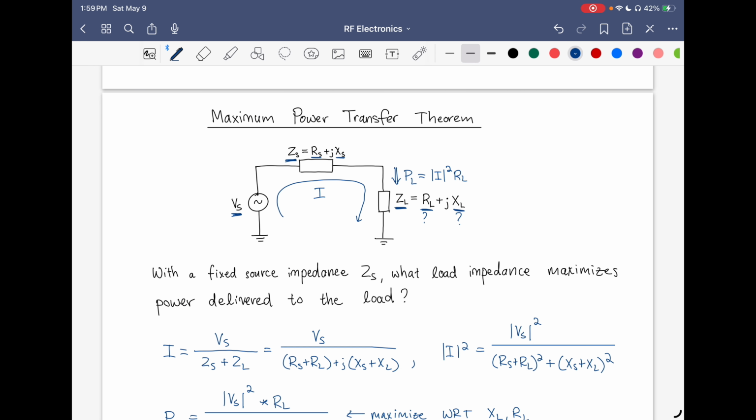The condition of this theorem states that the source impedance is fixed and we're maximizing the power delivered to the load by choosing the load impedance. So in impedance matching, the problem is usually the case where we have this fixed source impedance and we want to design a matching network such that the load impedance is the complex conjugate of this source impedance, allowing us to deliver maximum power to a load.